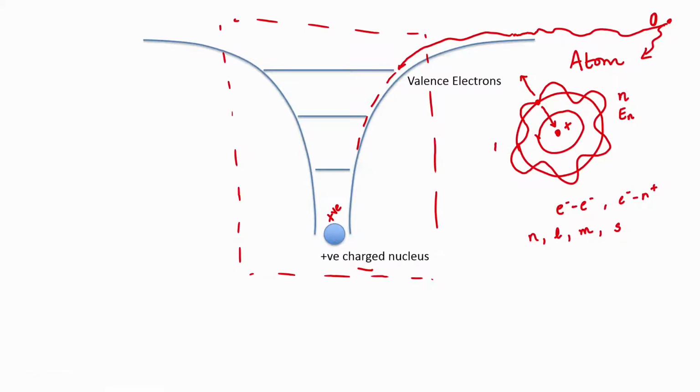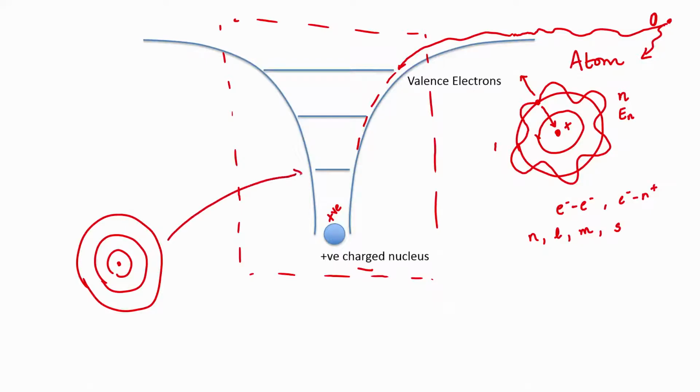So therefore, these different shells of an atom, in some sense relate to these energy levels as shown in this figure. Here you have these different energy levels, and you have electrons occupying these energy levels, and the outermost shell is called the valence shell.